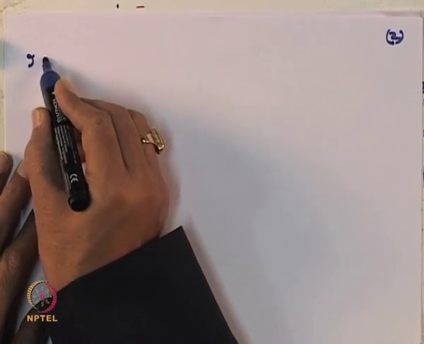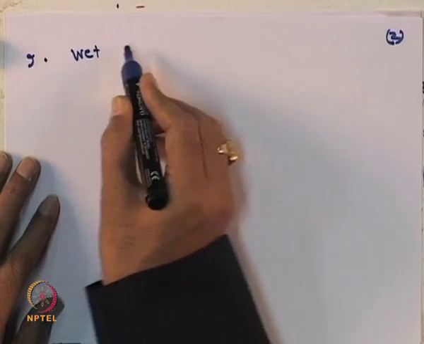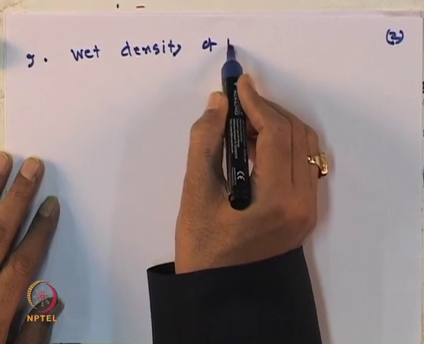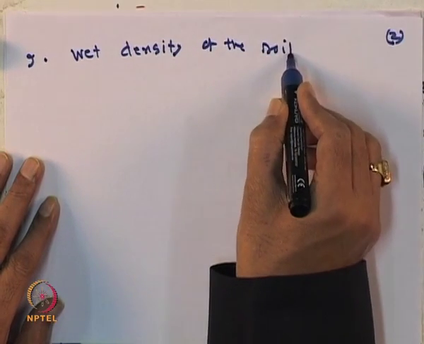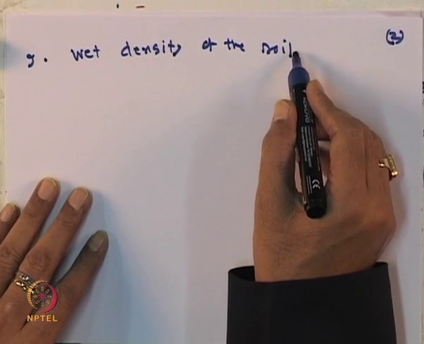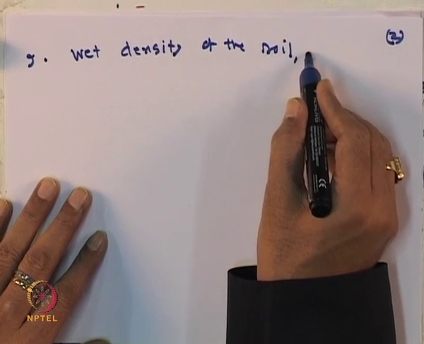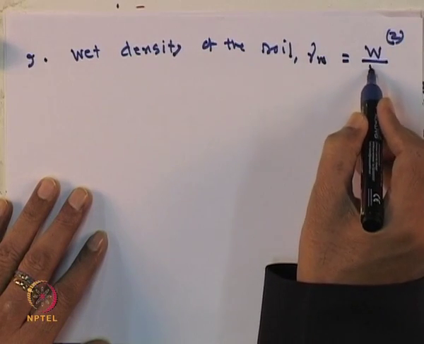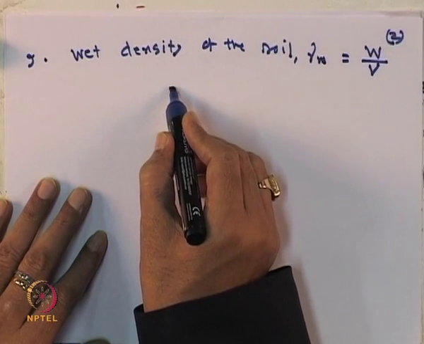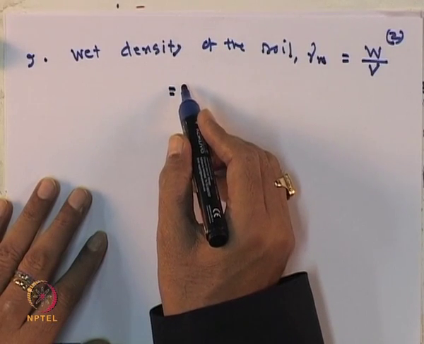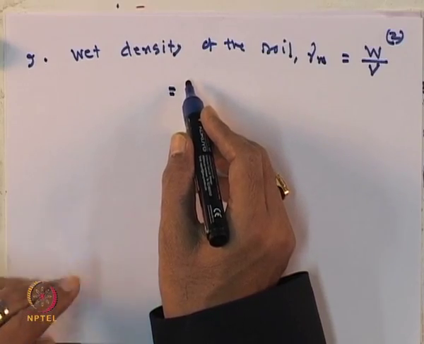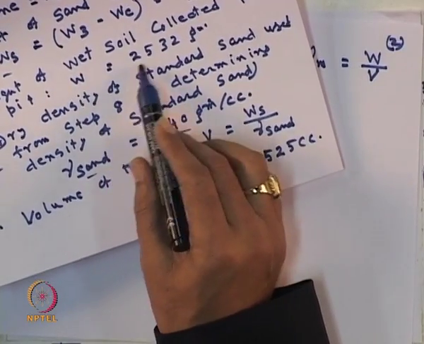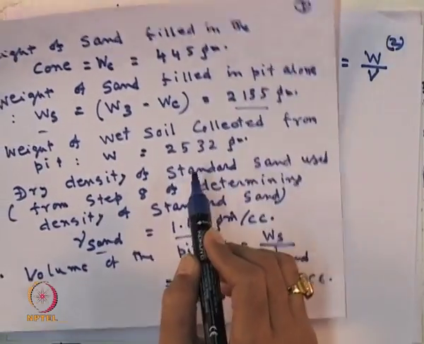Then 9, weight density. Weight density of the soil, that is gamma m, is equal to W divided by V. You know that W is 2532, the weight of the wet soil collected from the pit.